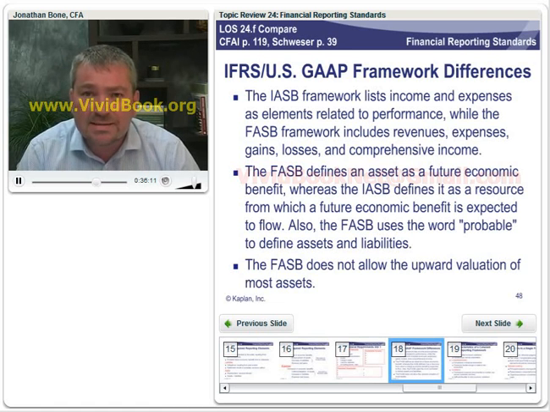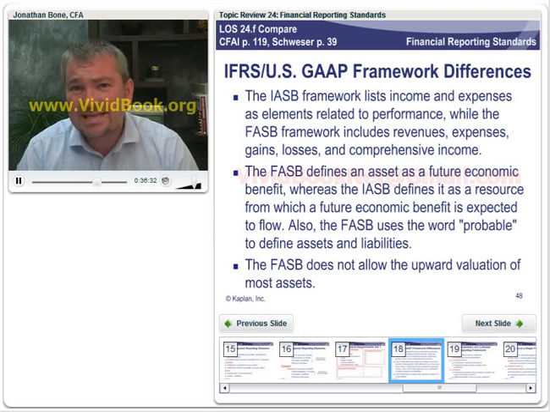Whilst US GAAP includes revenues, i.e. sales, expenses that go through the income statement, gains and losses on disposals, and comprehensive income. Well, by definition, all these items would be the same as income and expenses in aggregate under IFRS. So all you're really saying is US GAAP is splitting out income and expenses into three classifications.